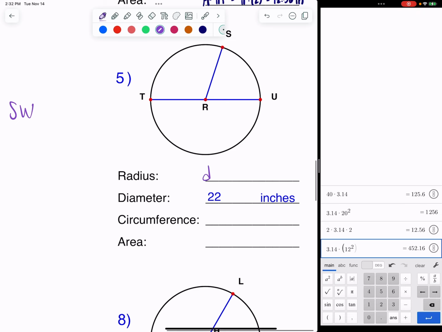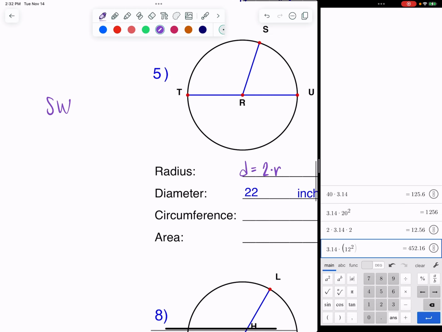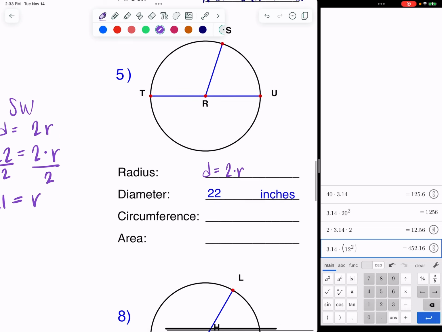I know that diameter is 2 times the radius. Well, I'm told diameter is 22 inches. If I divide by 2, because dividing is the inverse operation for multiplying, I find out that I have a radius of 11 inches.